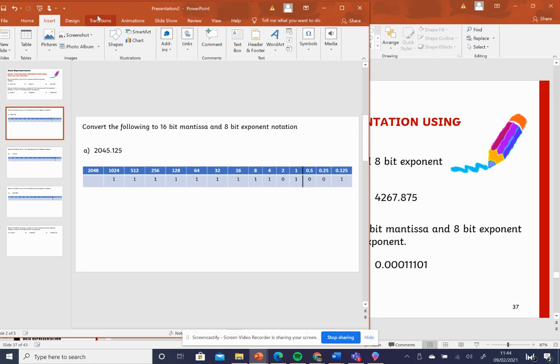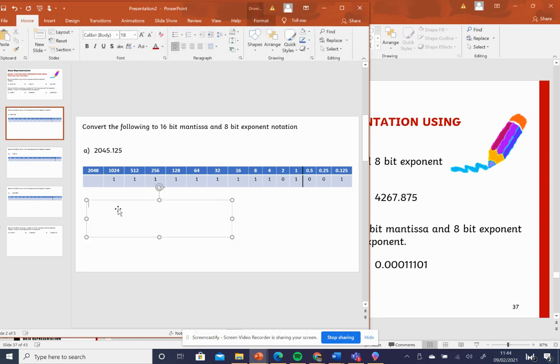What I can do then is write down this value as a mantissa. Remember, it's a 16-bit mantissa that I want to be writing in here. So we've got 1, 2, 3, 4, 5, 6, 7, 8, 9 ones, then a 0, 10, 11, 12, 13, 14. And I need to add on these extra 2 zeros to make it a 16-bit mantissa. I'll just make this look a little bit bigger for you.